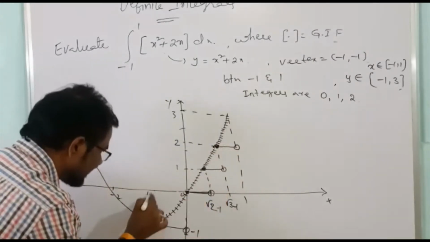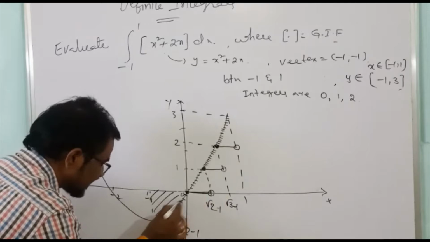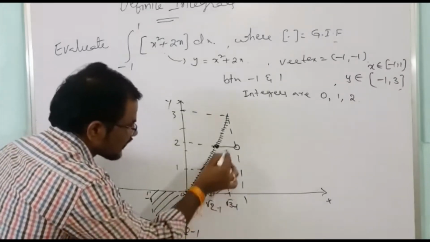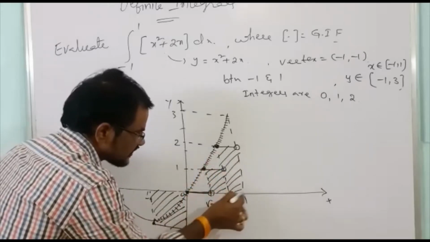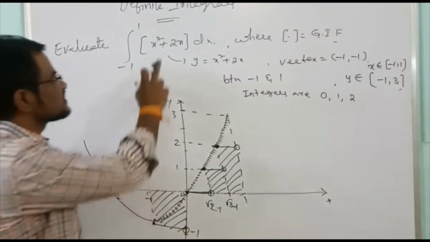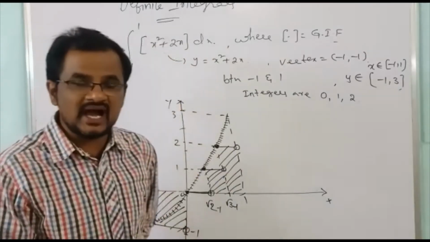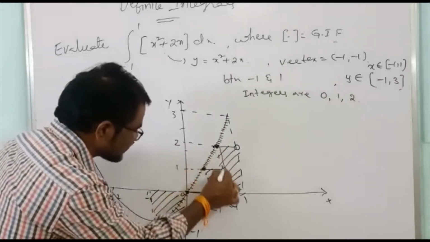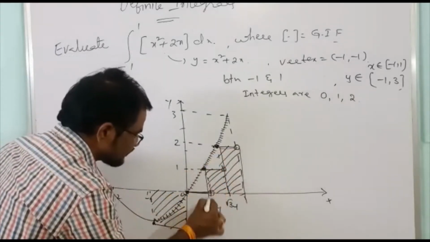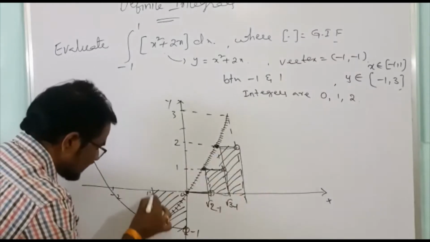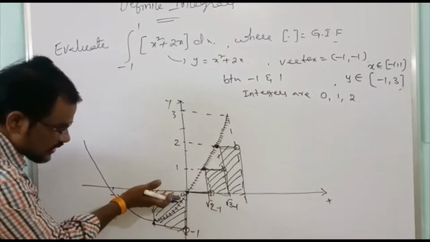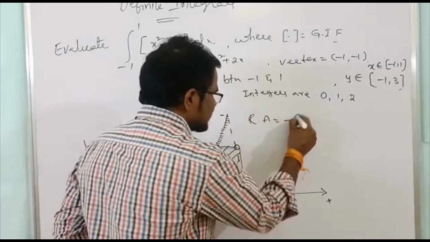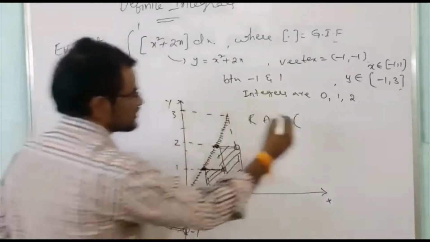So our required area is this rectangle and this rectangle and this rectangle, because this integral from -1 to 1 of the greatest integer of x square plus 2x is nothing but the algebraic sum of areas. This one is below the x-axis, so we take the minus of length 1 and breadth 1, so minus 1 into 1.